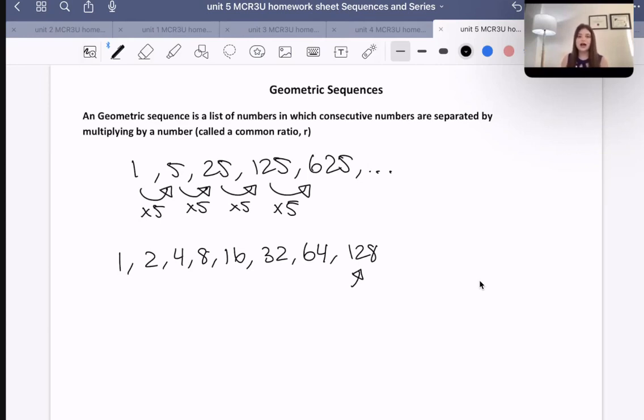So geometric series are very unintuitive when we get to the series part, because when we're adding up all these terms, it's going to get to a really big number extremely fast. And each term, especially later on in these sequences, is going to be way larger than the last one. For example, 625 times 5 is 3,125, right? That's a way bigger term.